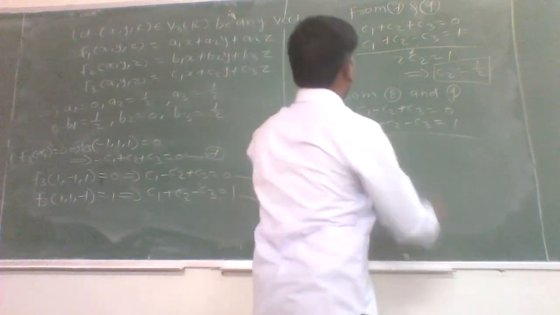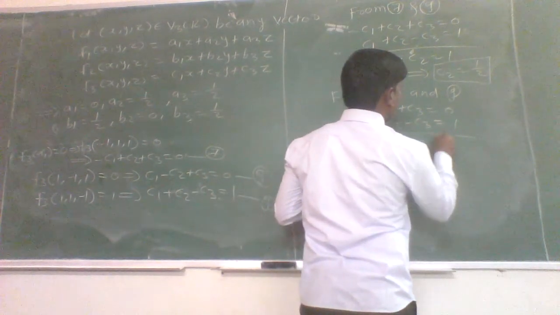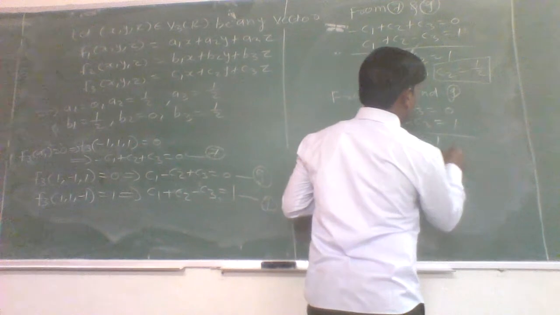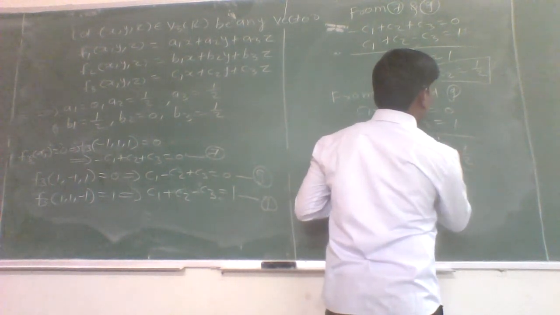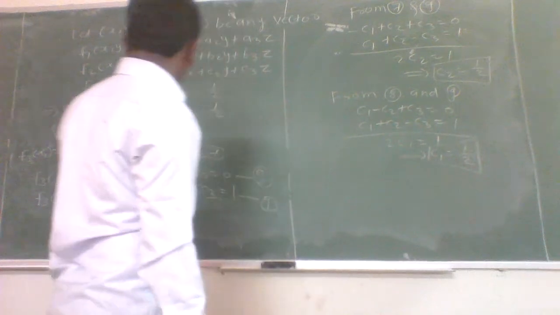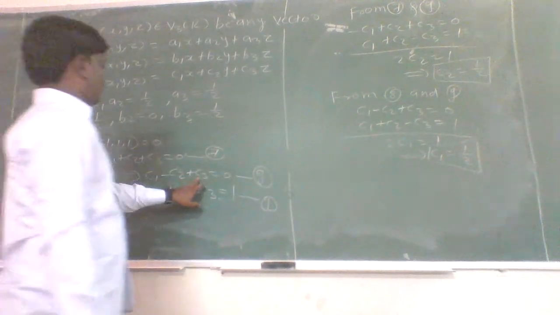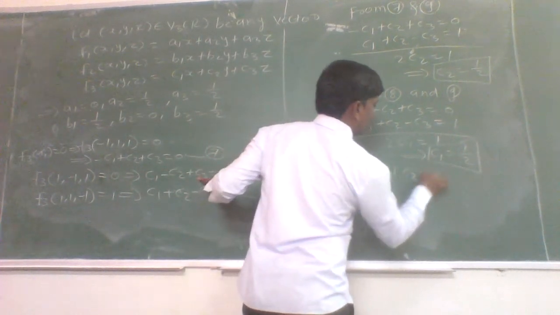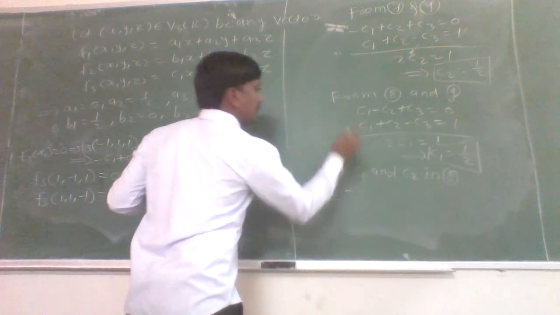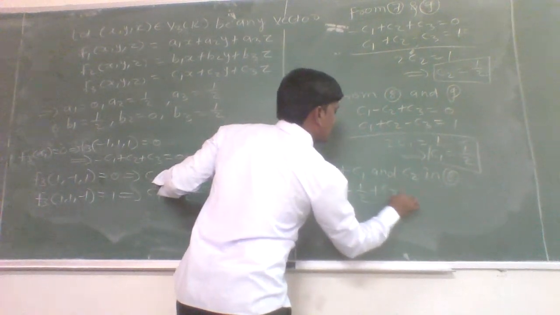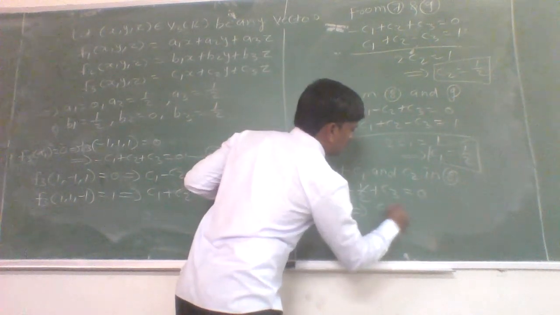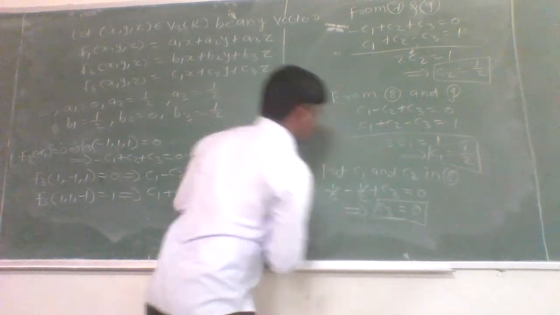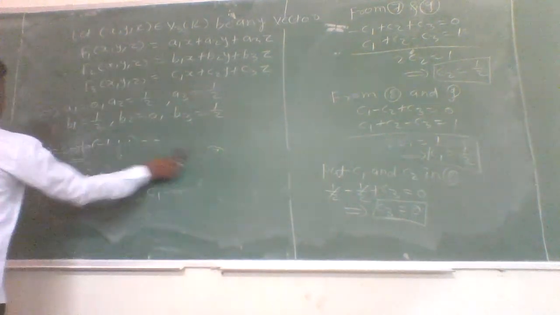So from this, 2C1 will be equal to 1, which implies C1 equal to 1 by 2. Put C1 and C2 in 8. We get C1 is 1 by 2 minus C2 is again 1 by 2 plus C3 is equal to 0. 1 by 2, 1 by 2 cancel, which implies C3 is equal to 0. So we get three values C1, C2 and C3.